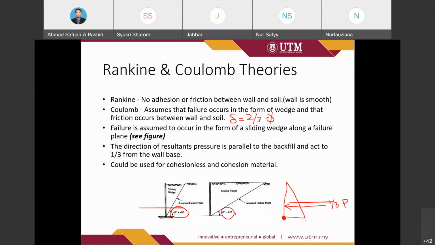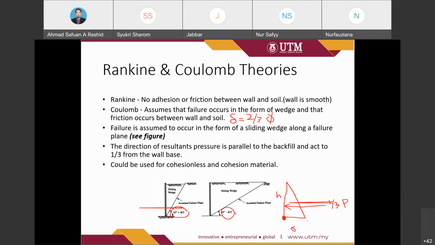Then we multiply with the P. In order to get the P, for example, this is H, and this is the pressure.